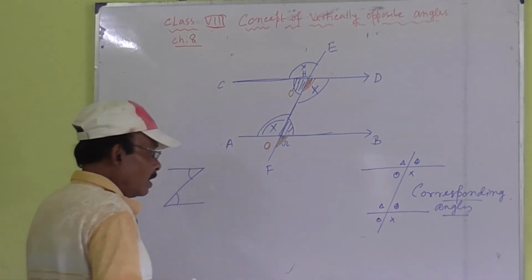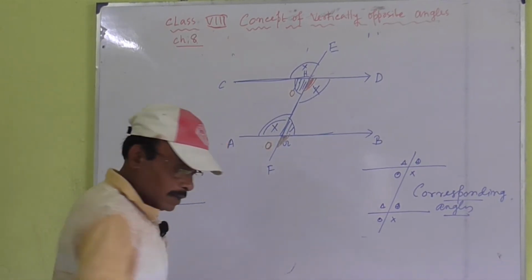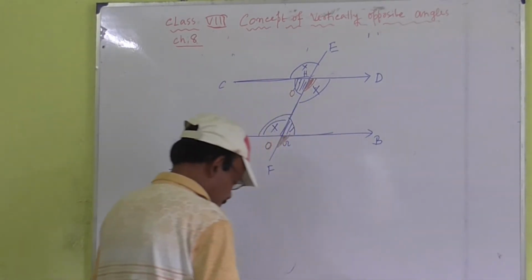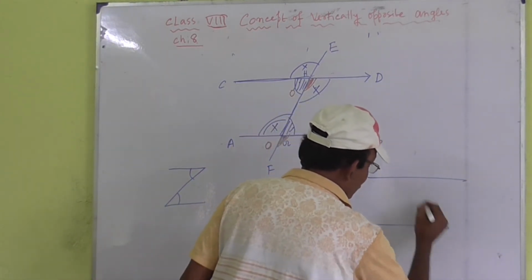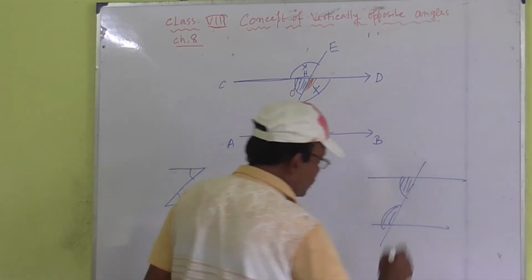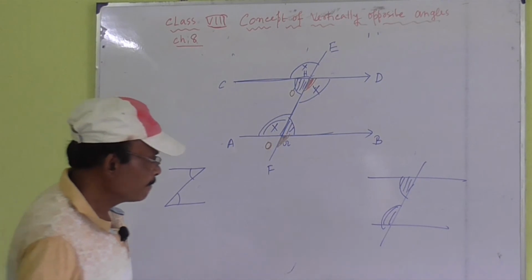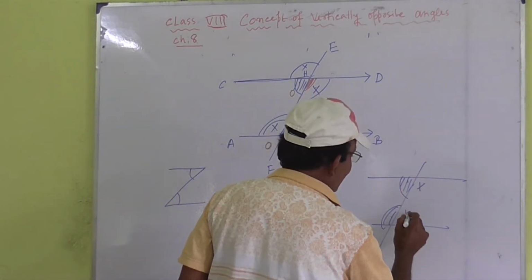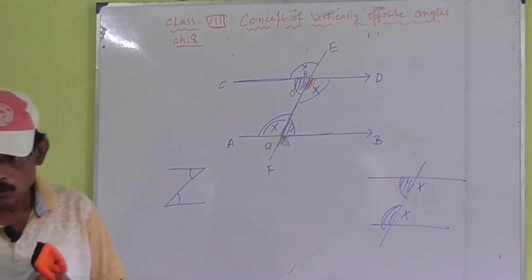And the third rule is the sum of the measurement of the two angles is 180 degrees. Clear? This angle and this angle is 180 degrees, and this angle and this angle is 180 degrees.